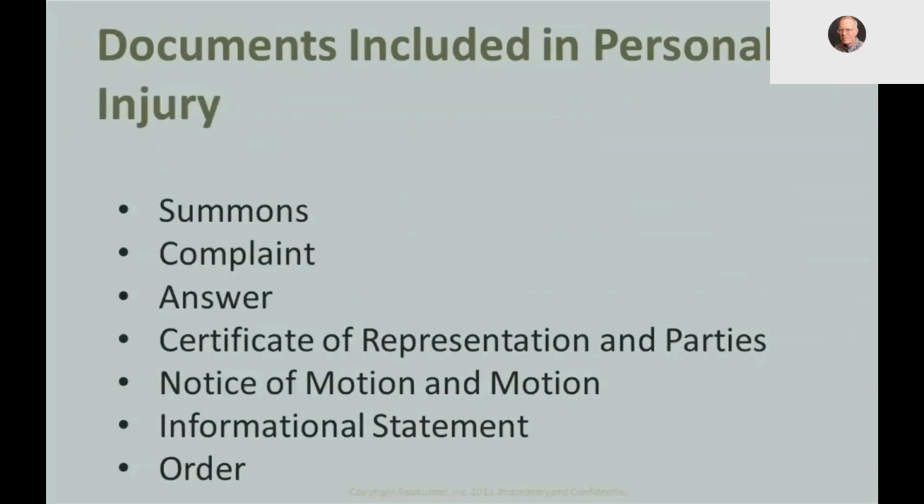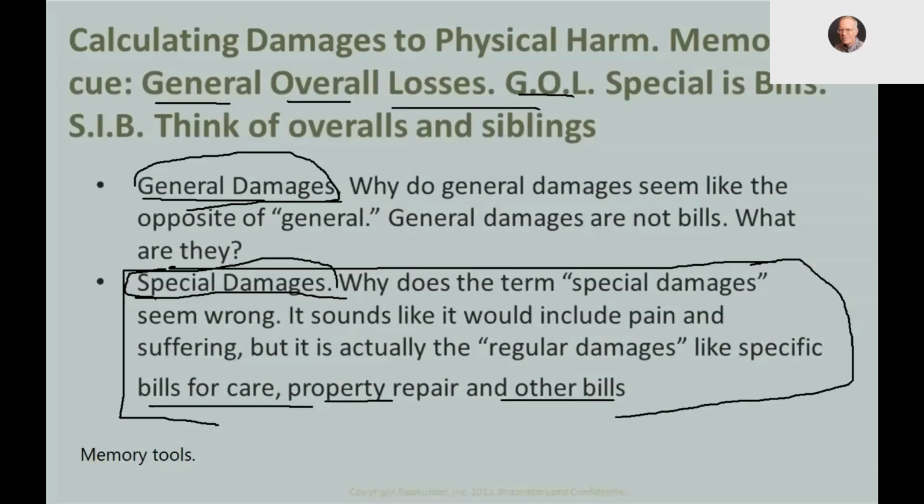But use the text to understand. I would urge you to look at the text for these. Really read and reread the text, to be able to explain types of damages, because that's going to help a lot.